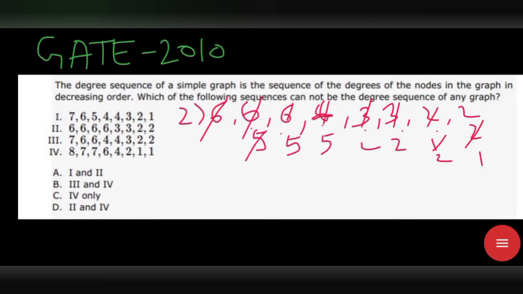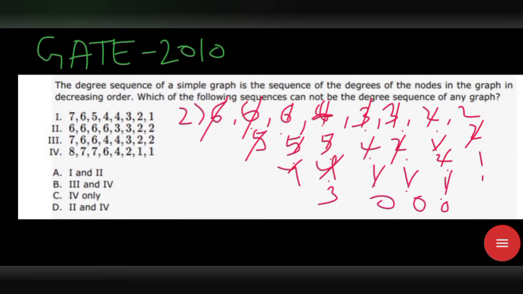I will cut 5 and look for 5 elements, 1, 2, 3, 4, 5, and decrease 1 from them. So 4, 4, 1, 1, 1, and it will remain as 1. Now they are in decreasing order. Now cut 4 and look for 4 elements, 1, 2, 3 and 4, and decrease 1 from them: 3, 0, 0, 0, and it will remain as 1.